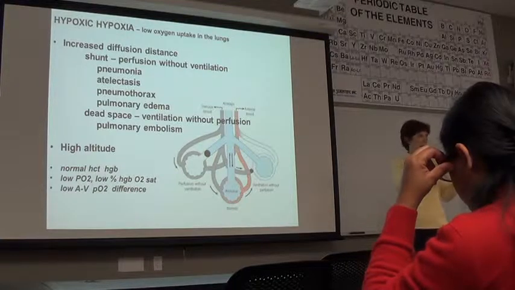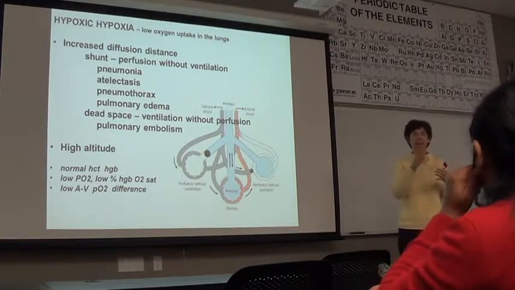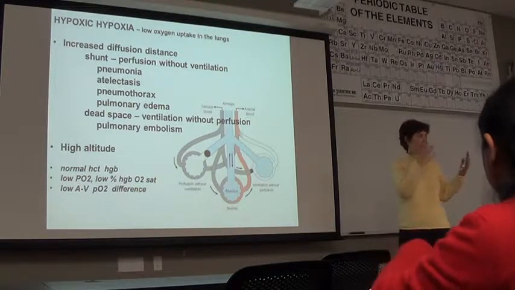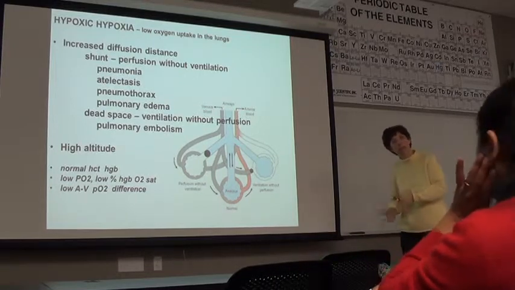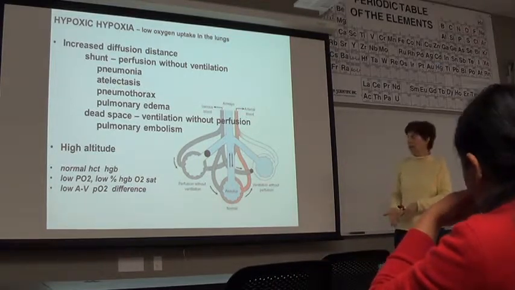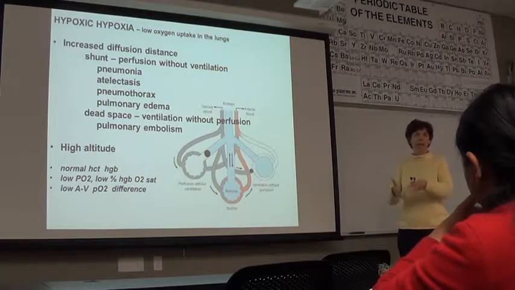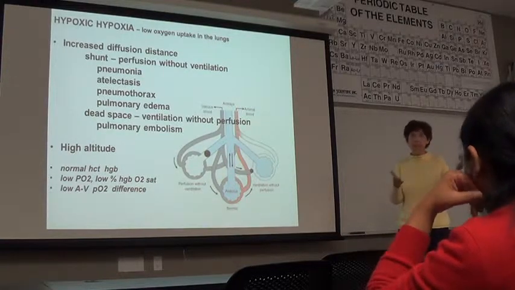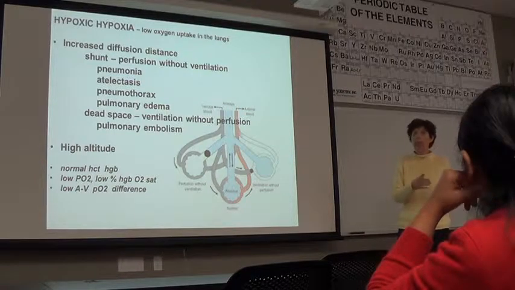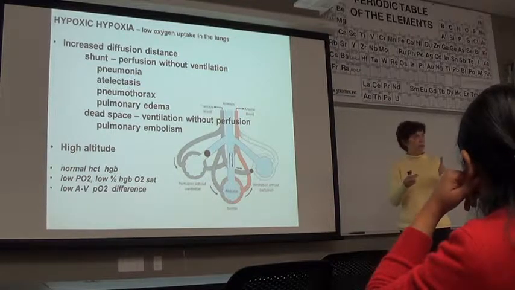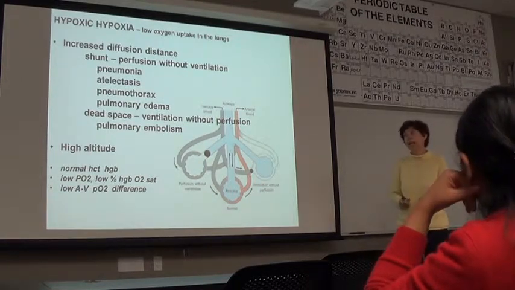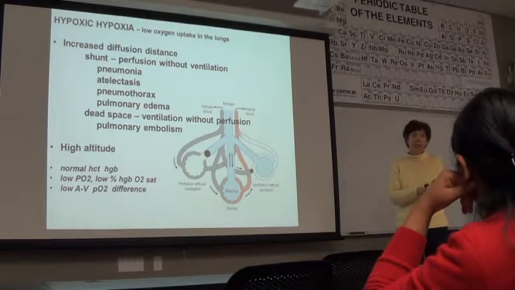And then we further fixed them, sectioned them, took pictures of them, and I used a computer stylus or pen to trace the blood vessels and see the number of fetal blood vessels and maternal blood vessels, how that compared in the moms and their fetuses that had been exposed, that had been exercised versus ones that weren't. And in the exercised moms, the placentas had a diffusion distance that took longer, the time took longer, and they had fewer blood vessels.